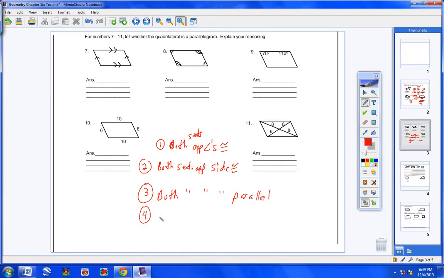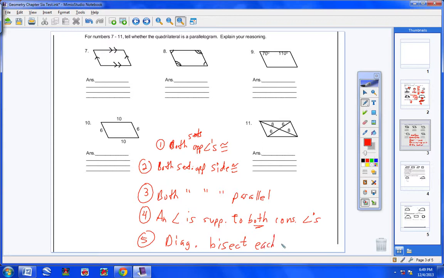Number 4, an angle is supplementary to both of its consecutive angles. Both is a key word there. And then number 5, if the diagonals bisect each other.